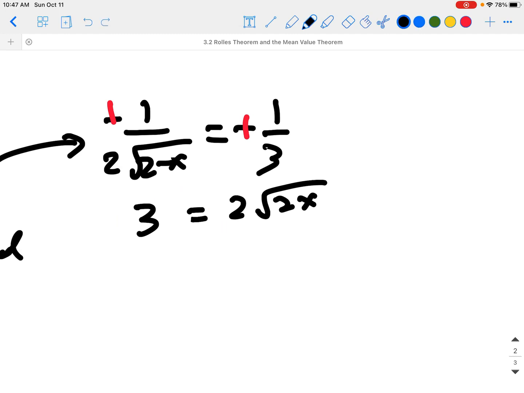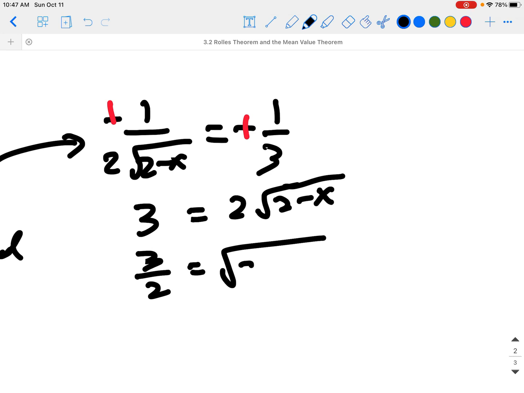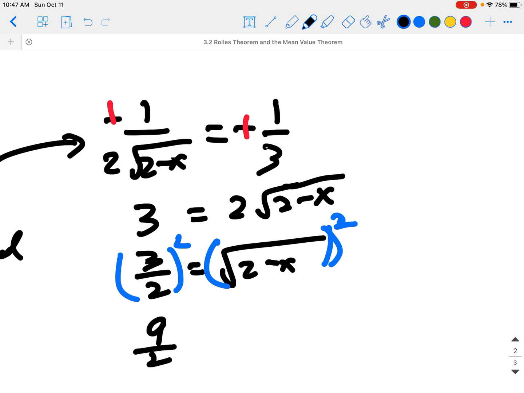Oh, whoops. Let's divide by 2 first. So 3 over 2 is equal to radical 2 minus x. And then we'll square. So we'll get that 9 over 4 is equal to 2 minus x.